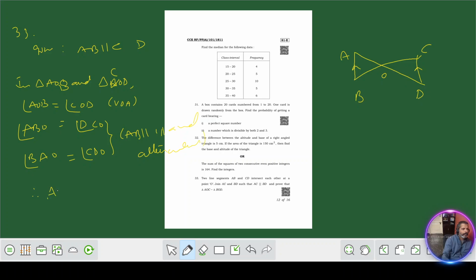Therefore, triangle AOC is similar to triangle BOD. You have to write the similarity criteria, which is AAA similarity criteria. Okay, hence proved.